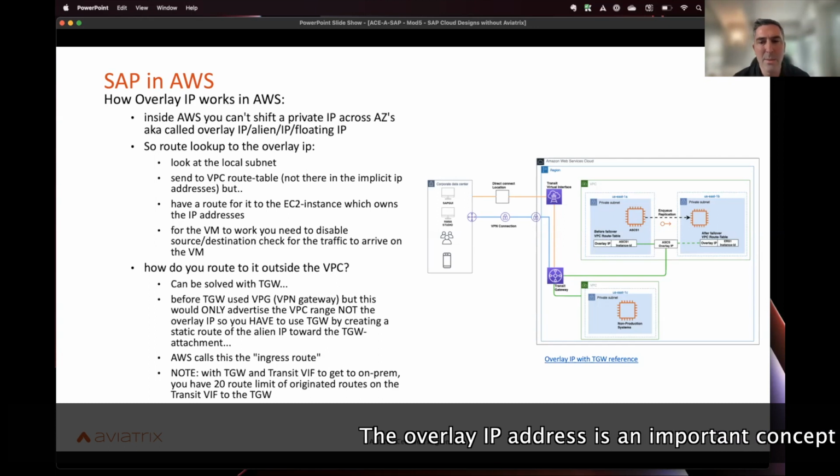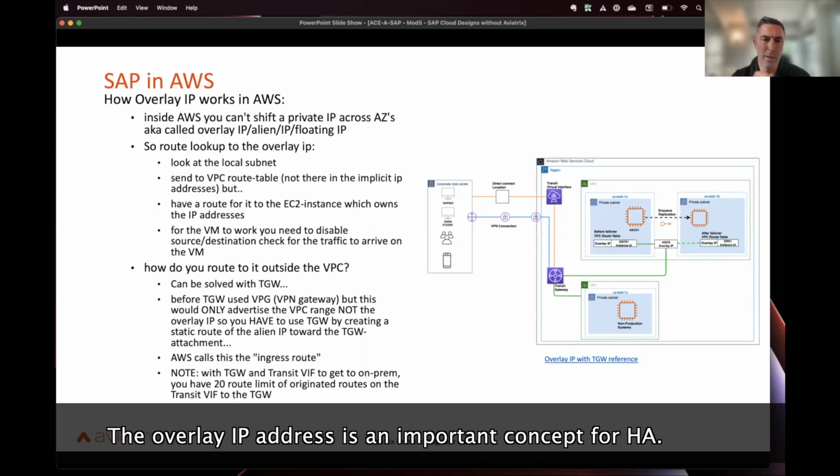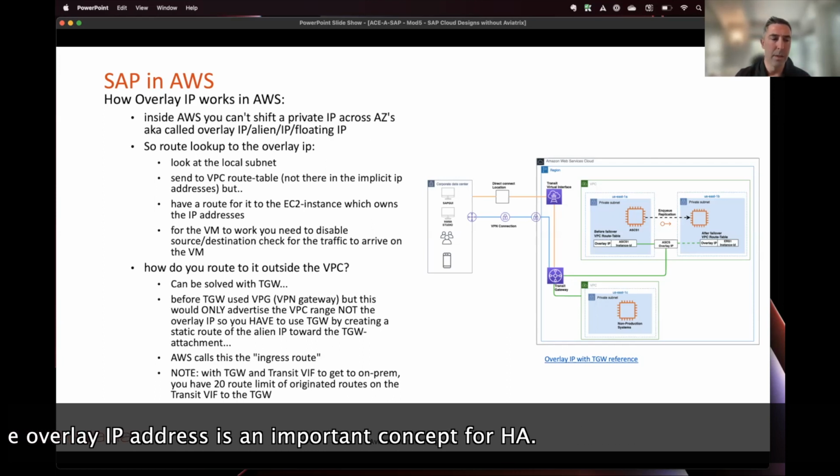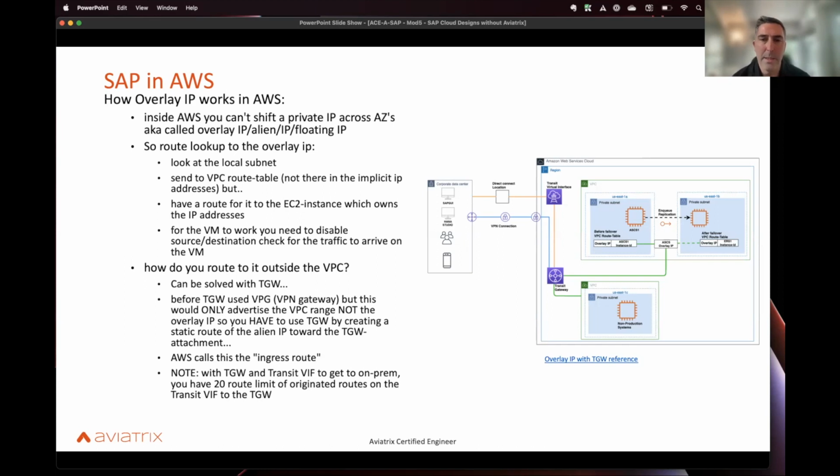That is a second address that can sit on whoever is the active database or active application server running in that environment. The infrastructure underneath the covers makes sure there's an election process of who owns this overlay or alien IP. If you're running SUSE or Red Hat, it can be run with Pacemaker and Corosync, and that election process takes place.